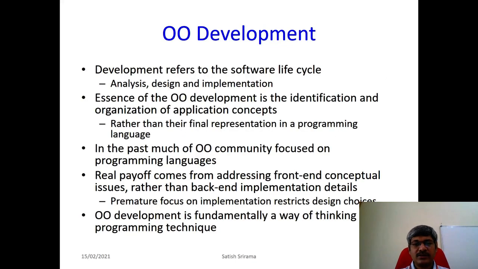Now let us look at what object oriented development actually is. Object oriented development doesn't just mean design itself. It refers to the complete software development life cycle. It is involved in analysis, design as well as implementation.